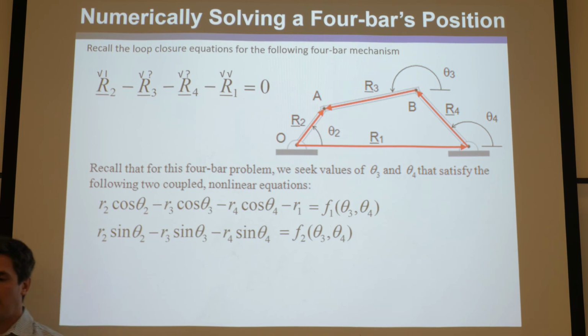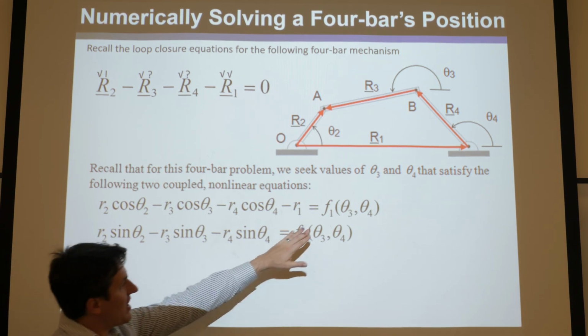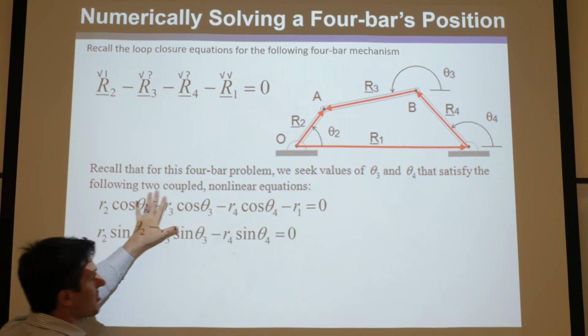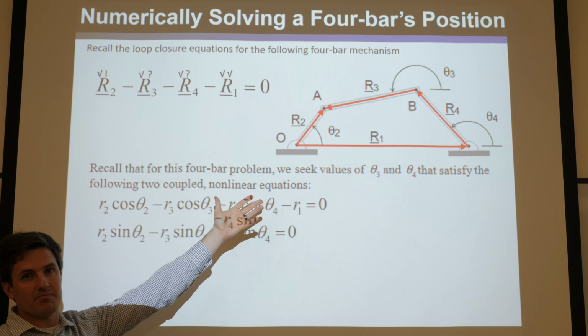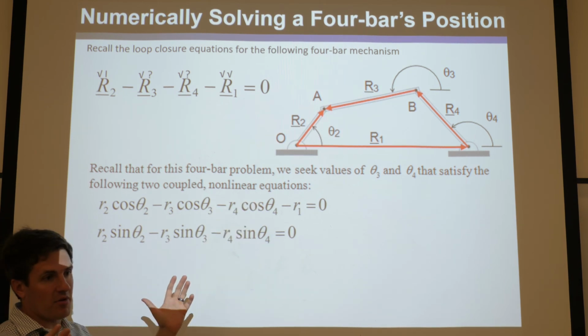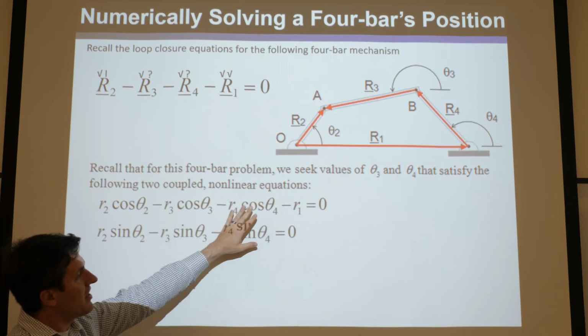Okay? Now, we've got two functions with two variables in each function, so multivariable functions, and they really don't make any practical sense until they equal 0. When these two equal 0, then it solves the vector loop for the 4-bar mechanism. And for any mechanism, remember, once we draw the component form, they always equal 0.